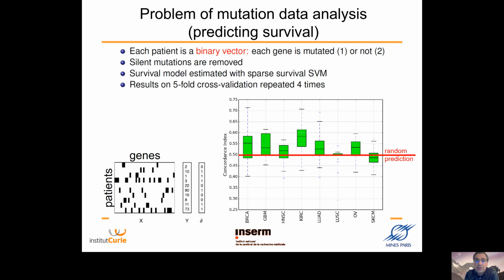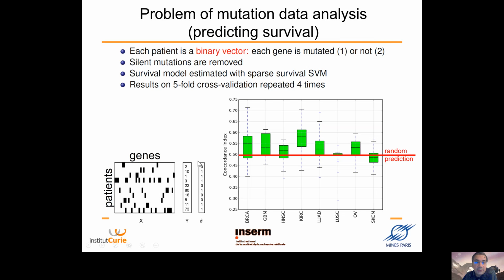For example, the sparse survival support vector machine is one of the up-to-date methods. So what this method takes as input, it takes this mutational matrix X. It takes a so-called follow-up variable Y, which tells you for how many months a patient is followed.